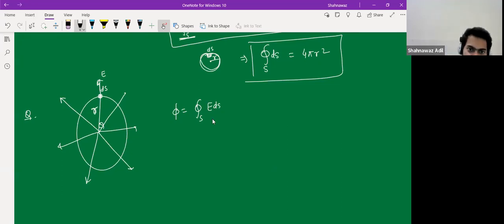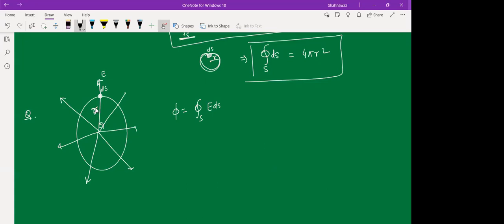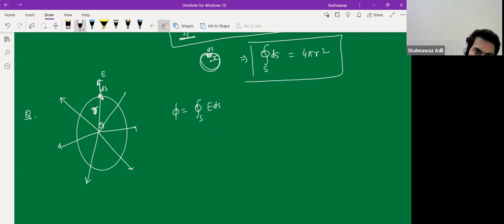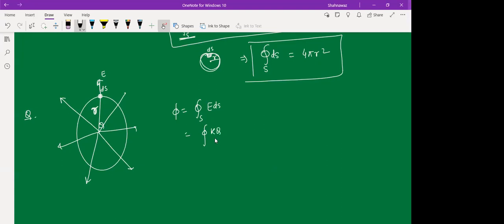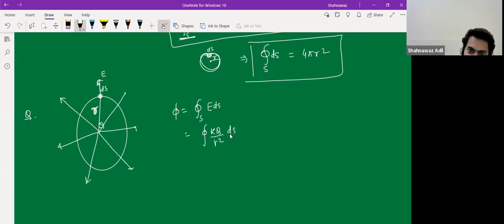Understood? And this is r distance, right? So what would be the electric field at this point? Yes, the electric field would be kQ by r square, and this is ds.